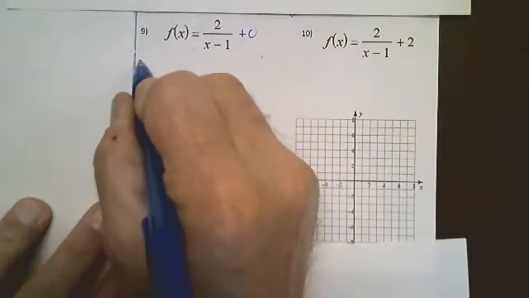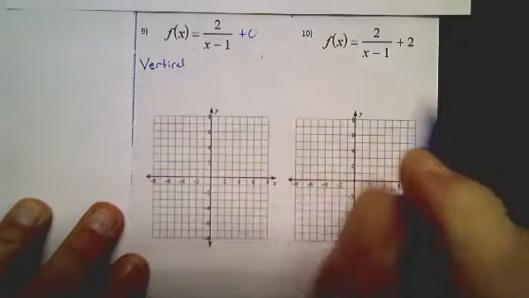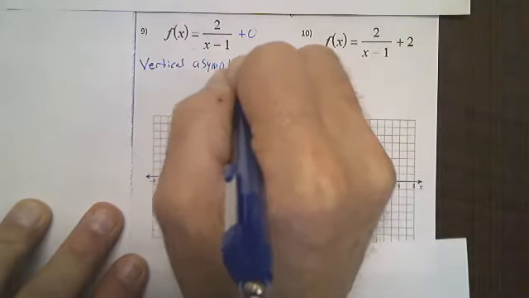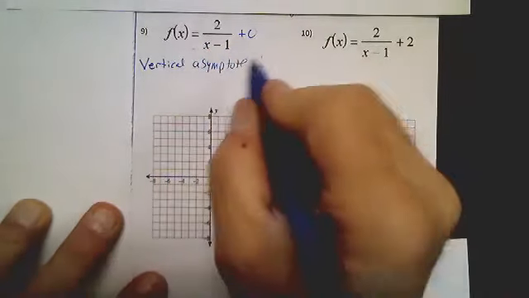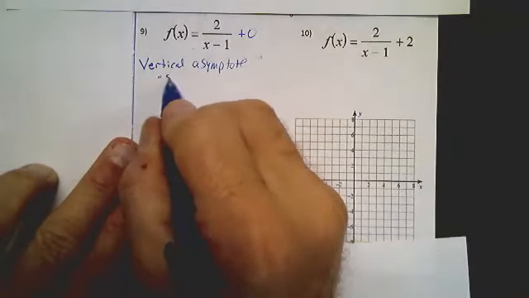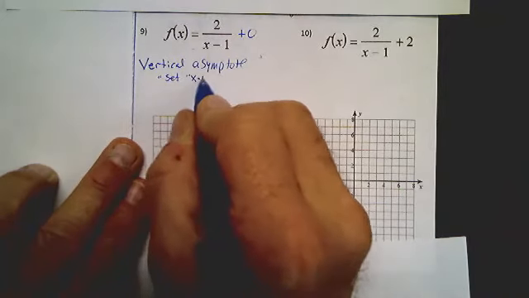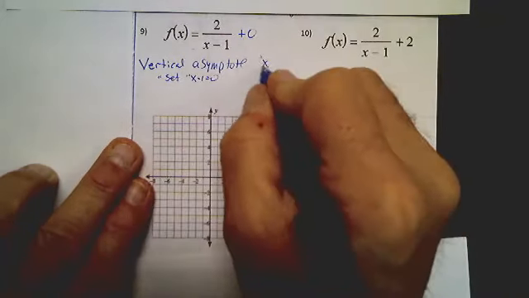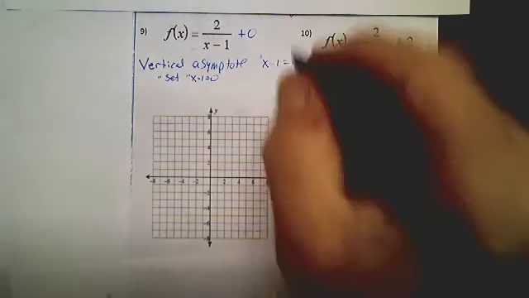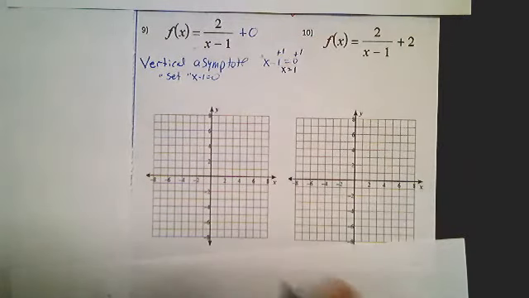Vertical. Write this out. V-E-R-T-I-C-A-L. Vertical A-S-Y-M-P-T-O-T-E. Set denominator equal to 0. Add 1. Solve for x. We get 1.